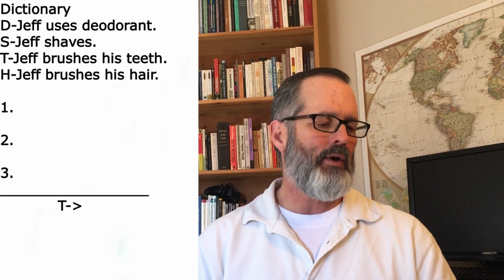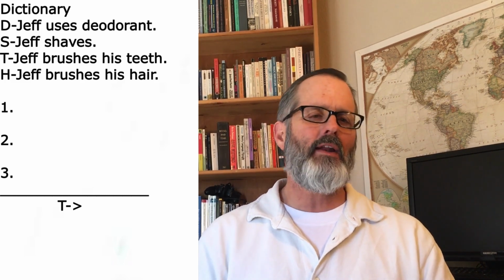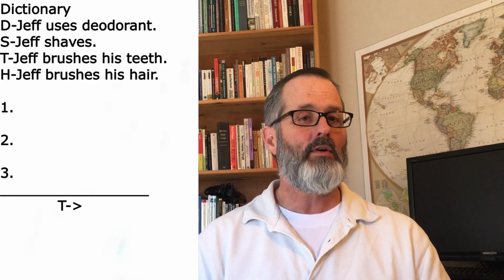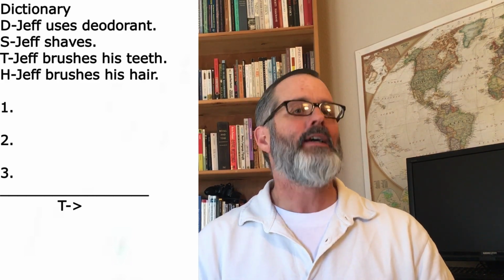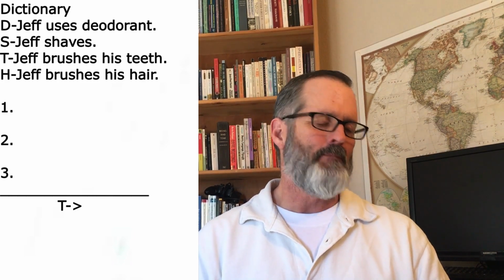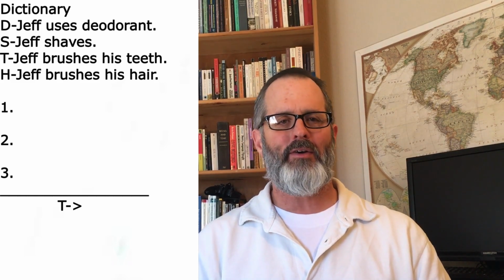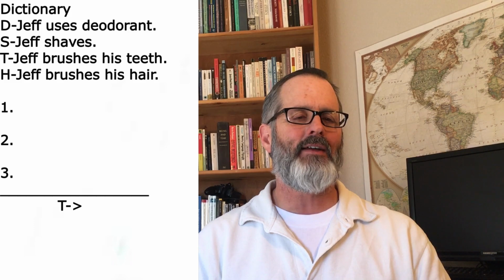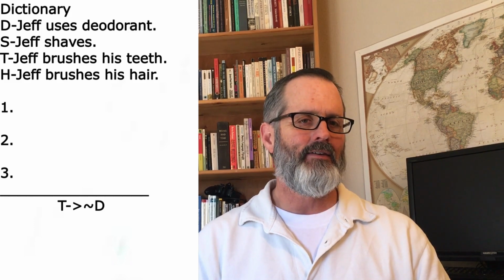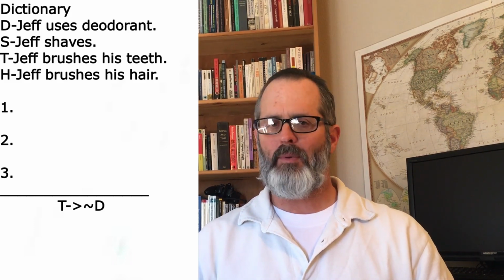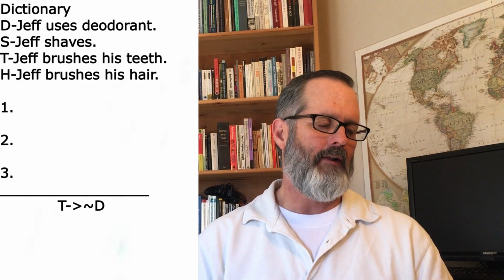Now notice what's going on there. Should we create a new dictionary sentence, or is Jeff being really weird? Yes, Jeff is being weird. If I have BO, what does that mean? I didn't use deodorant. So we will translate this as not D. Clear. Simple sentence, don't need parentheses.